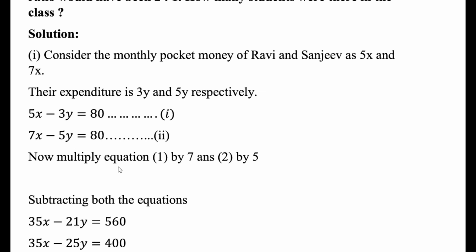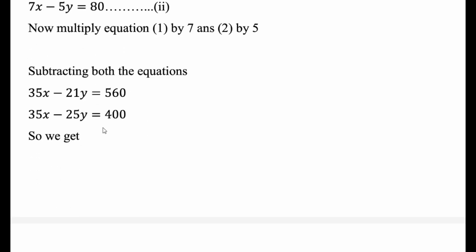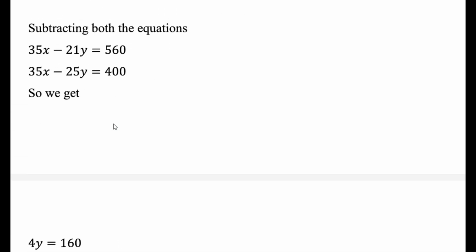After that, multiply equation 1 by 7 and equation 2 by 5, as we have done in the previous class. You will get 35x minus 21y is equal to 560, and 35x minus 25y is equal to 400. After that, if you deduct one equation from another, 35x will be struck out.